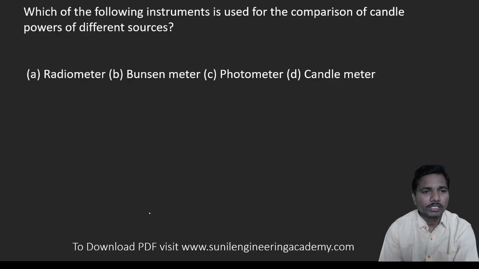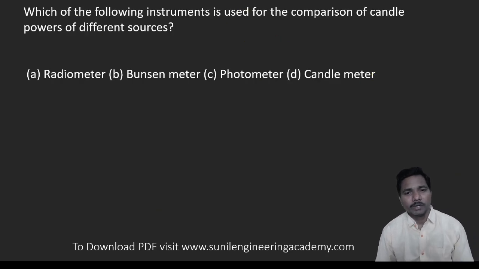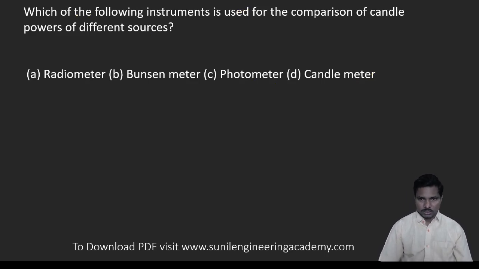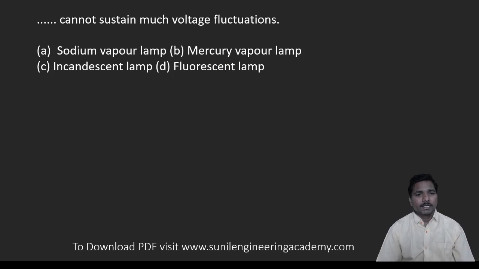Coming to the next question. Which of the following instruments is used for comparison of candle powers of different sources? Candle power belongs to light, so that meter is nothing but the photometer. Next: dash cannot sustain much voltage fluctuations.